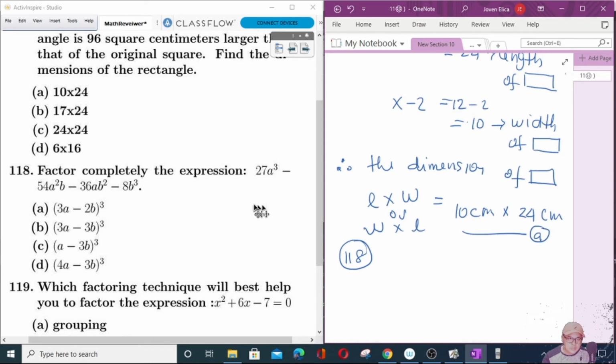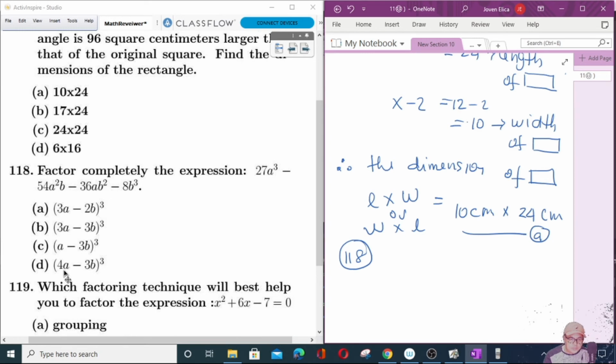So by inspection, letter B is not the answer, because if you get the cube of this, it will not arrive at the last term, 8b cubed, and 3 is not a third power of 8. So this one is not possible. A minus 3b is also not possible, so cancel B and C.